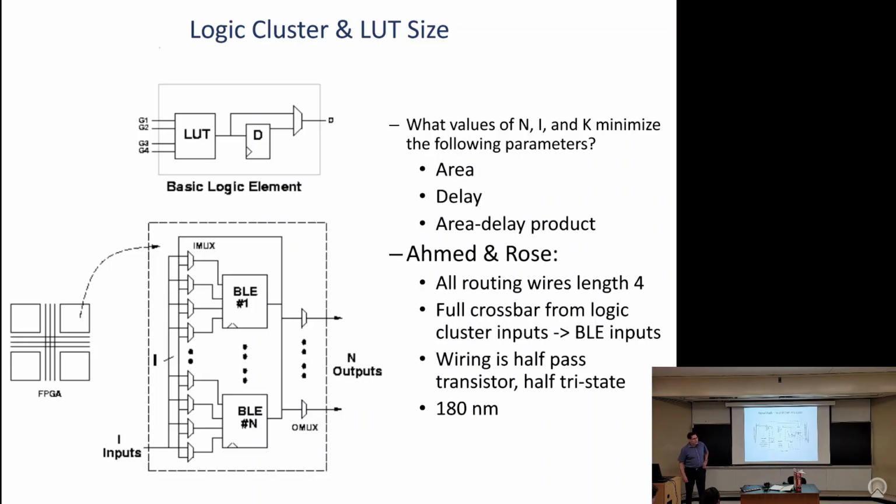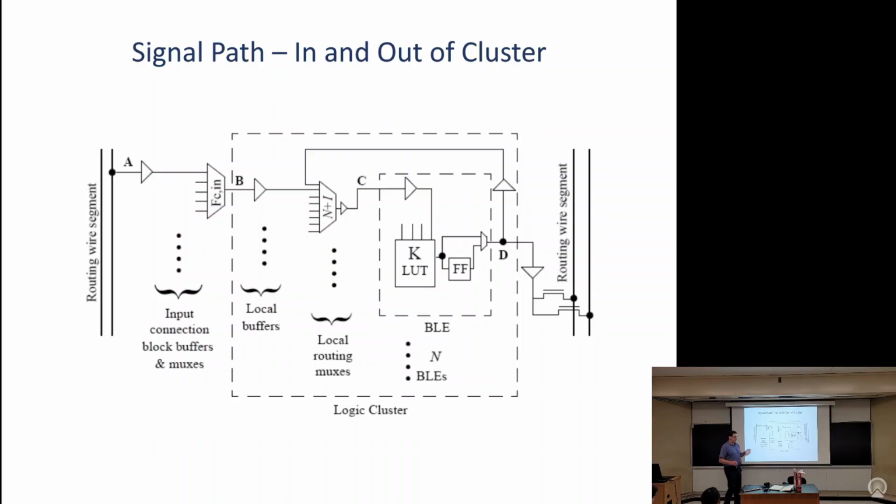Okay, so when you go to these logic clusters, you've got a little more circuitry to think about in the logic block. So we've got this basic logic element here: a K-LUT and a flip-flop, so you've seen that over and over again. Each of those has a delay in the architecture file. We also have the ability to feed the output of these BLEs back into the local routing. So this is my local routing, and it's a full crossbar.